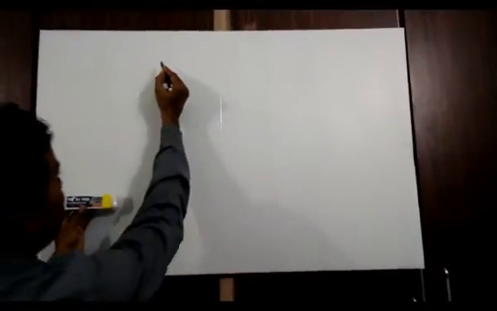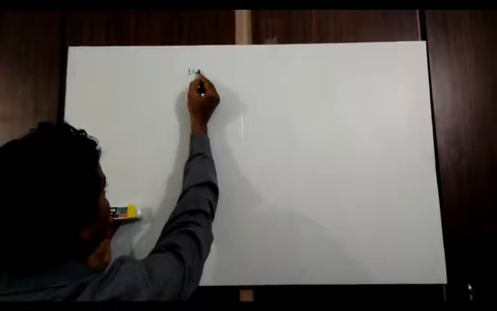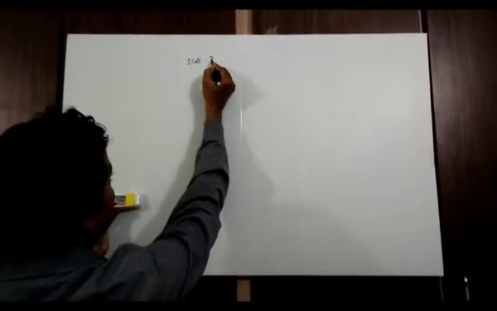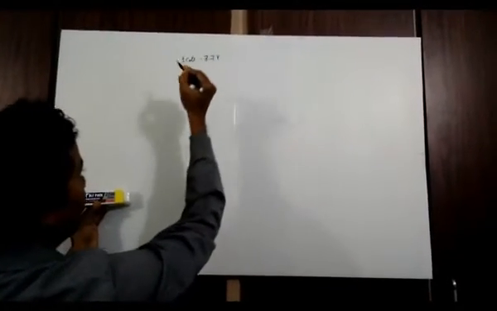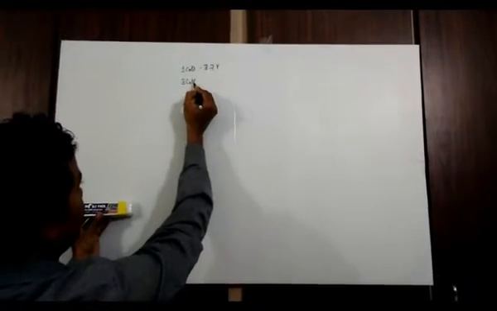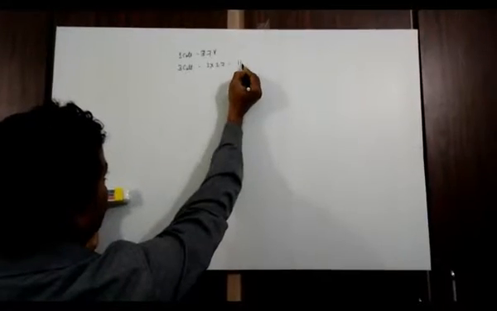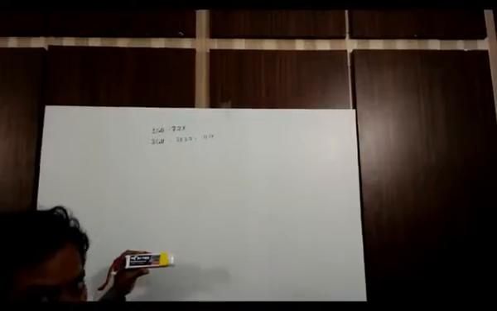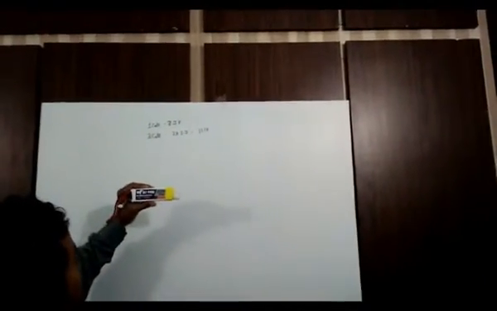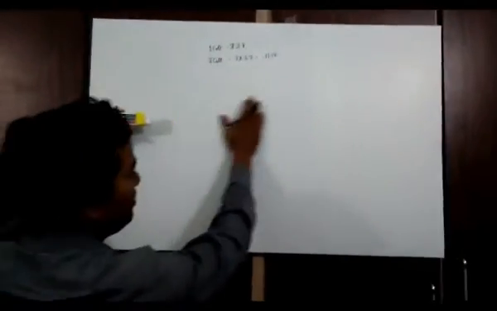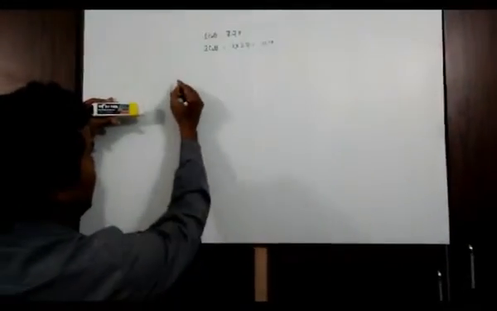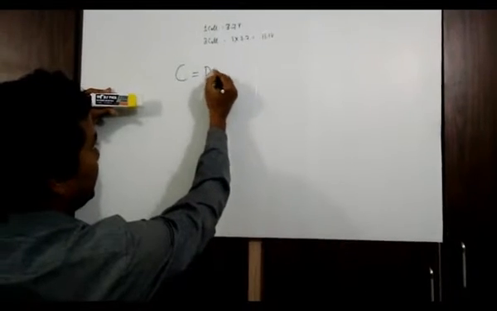First of all, each cell has 3.7 volt, so 3 cells represent 3 into 3.7, which produces 11.1 volt, right? Now if you have a 2200 milliamp hour battery and 25C, what does C indicate? C actually represents discharge.